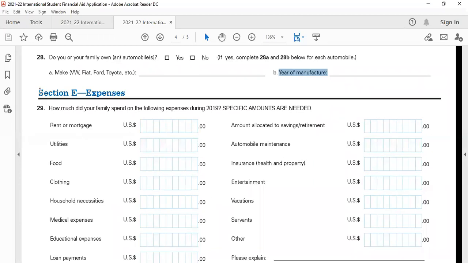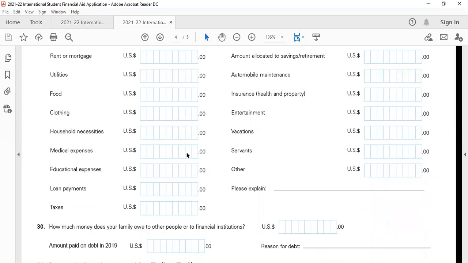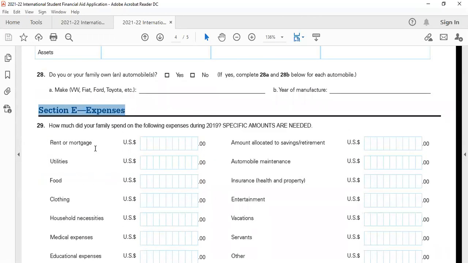Now, section E talks about the expenses at a greater length.